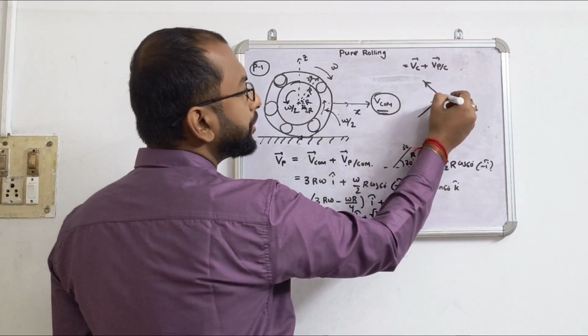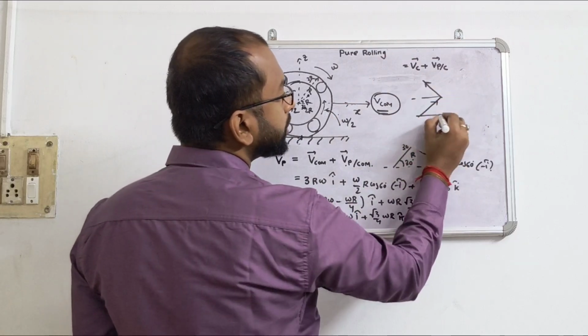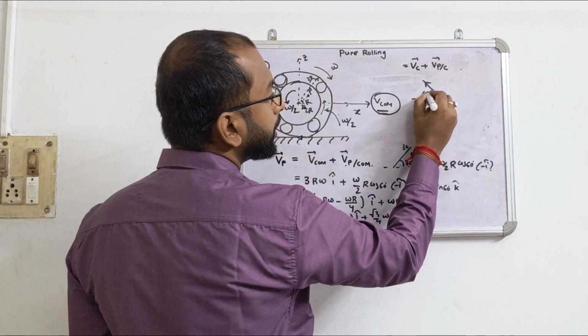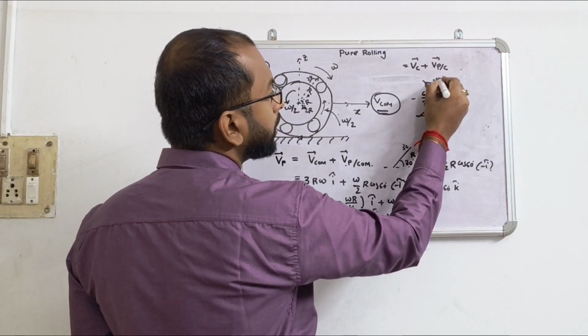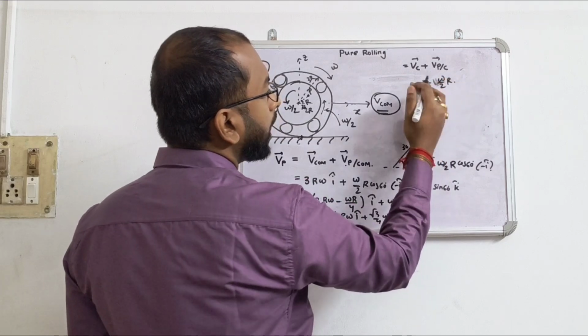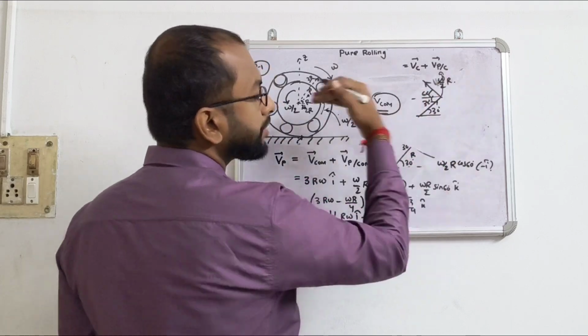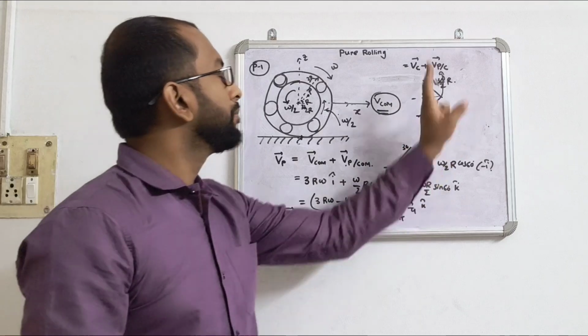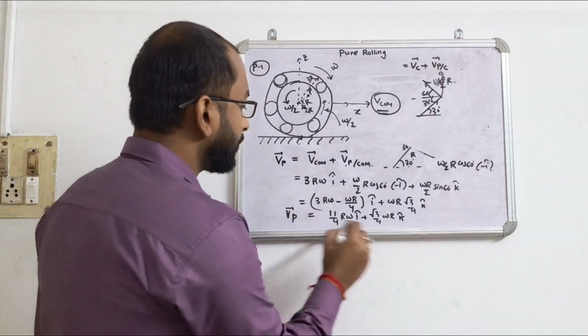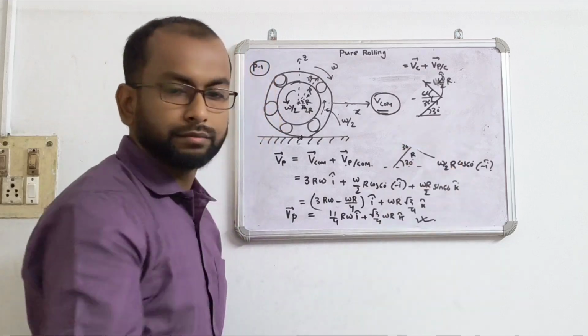This is a 30 degree angle, this is 30 degree, and this is 90, so this is 60 degree. You can easily calculate. The magnitude is omega by 2 into r, and you divide it into two components: negative x-axis and positive z-axis. Then you will be able to find the total velocity of point P, and this is the right answer.